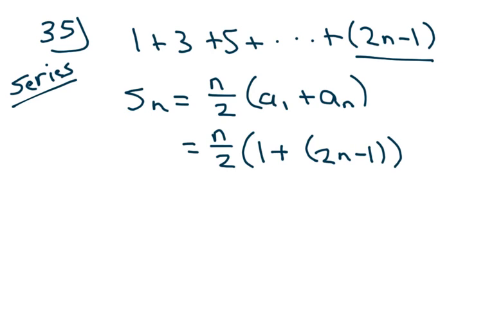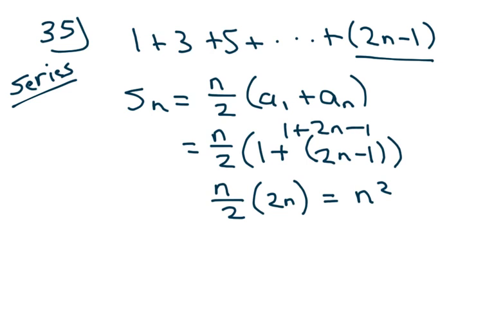I clean this up, and I'm going to get n over 2 times 2n, which equals n squared. So that's how you do that. This is 1 plus 2n minus 1, so you get 2n. The 2's cancel here, so you get n squared.